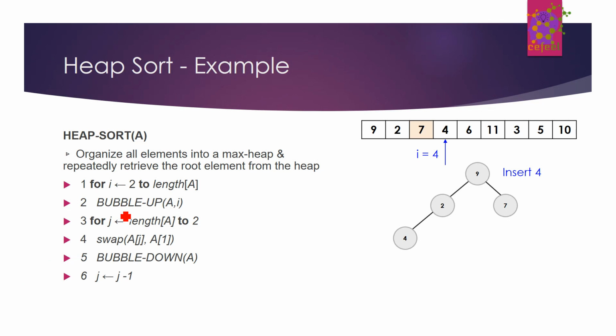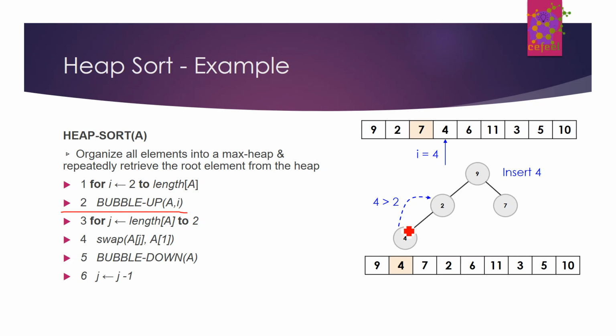We compare 4 with 2, and we notice that 4 is greater than 2, which violates the heap property. It's a max heap, and 4 should be the parent of 2, hence we swap. Even in the array, 4 and 2 will be swapped, so we'll have 4 and 2 here.